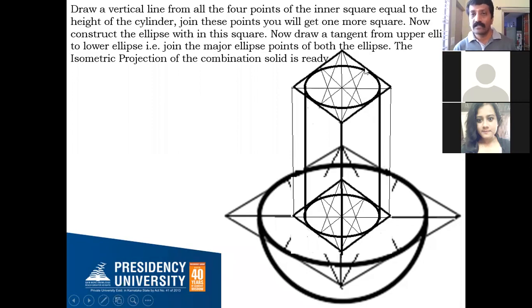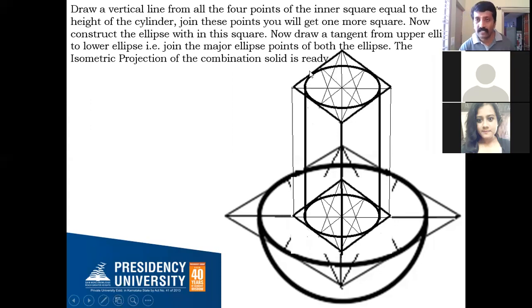After this, four points you are going to get: 1, 2, 3, 4. This as the center, this or this as radius, you cut an arc. This as the center, either this or this as radius, you cut one more arc. From this intersection as the center, this or this as radius, you cut an arc. From this intersection as the center, either this or this as radius, you cut one more arc. So this completes the top face of your cylinder.